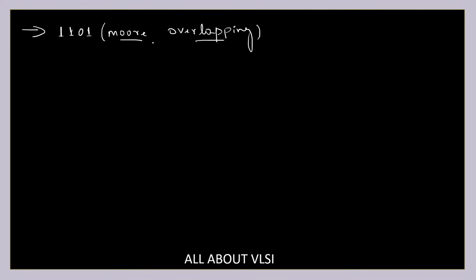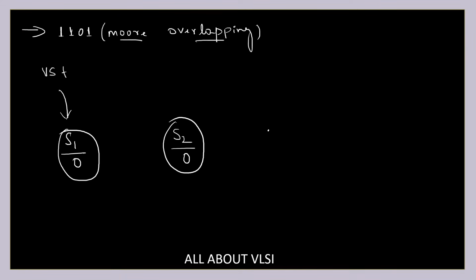So let's try to understand this particular question. How to design this? We want to design a 1101 Moore overlapping. Now, if I apply reset, I'm going to enter a state known as S1 and my output is equal to 0. I'm going to have one more state S2 and my output is equal to 0.